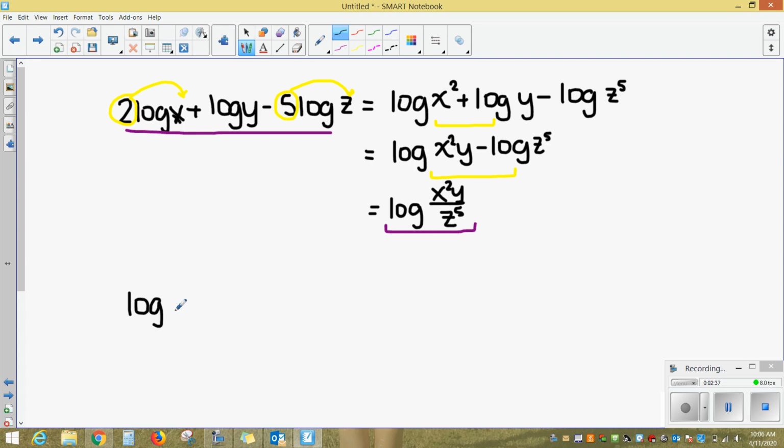Maybe I have log of x minus 2 log of y minus 4 log of z.